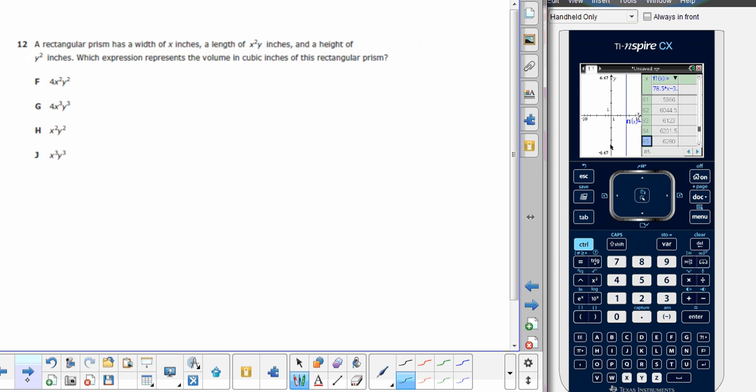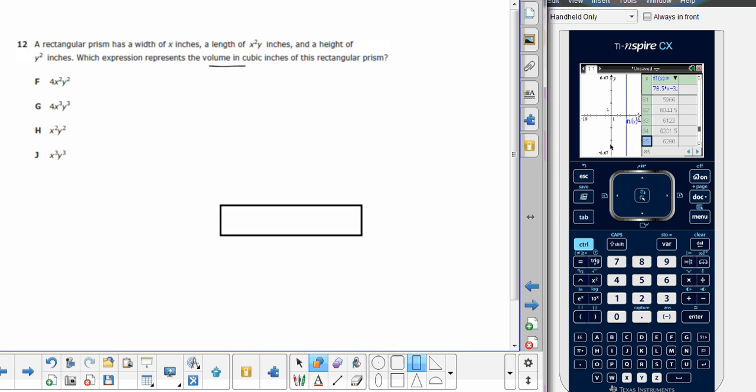Easy question. Now, a rectangular prism has a width of x inches, a length of x squared y inches, and a height of y squared inches. Which expression represents the volume in cubic inches of this rectangular prism? So I'm going to draw a rectangular prism. You know, it looks something like this.